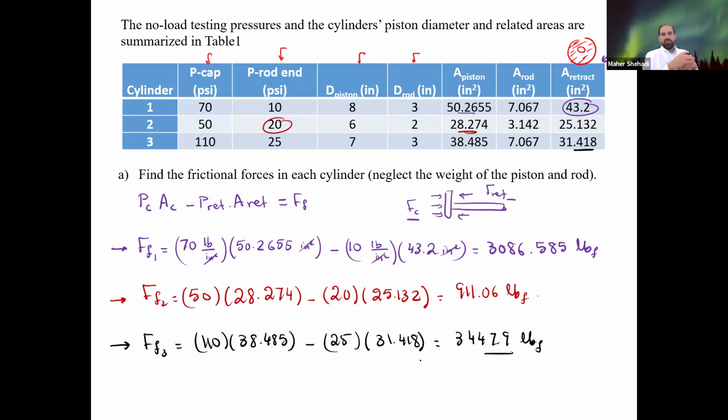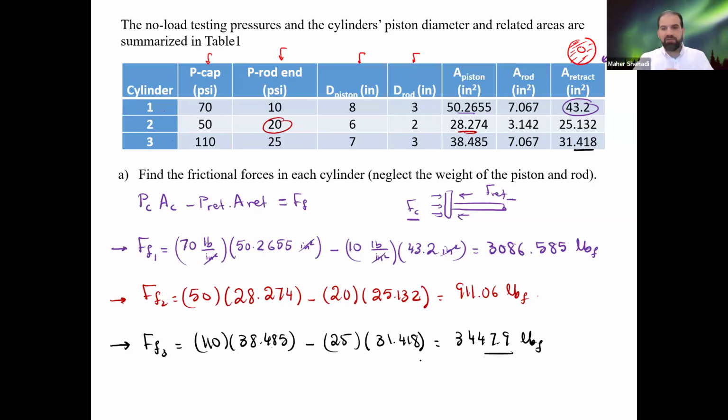Okay, this equation is not going to change regardless. So you have in series, in parallel, even if one of the cylinders is connected to a pressurized tank, running another system. Those are the frictional properties for each piston when it's on the testing station.